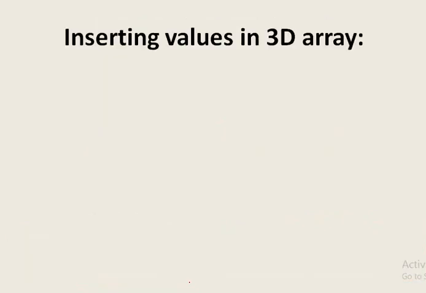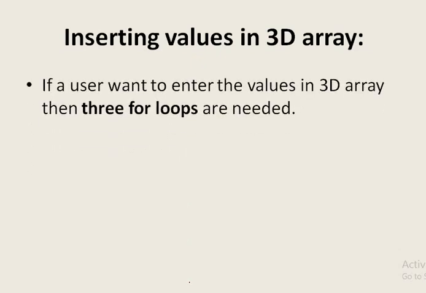Now, let us see how to insert values into a three-dimensional array, that is, how you can give values to a three-dimensional array from the keyboard at runtime. We have seen that in one-dimensional arrays, if you want to insert values at runtime, you can use a for loop.